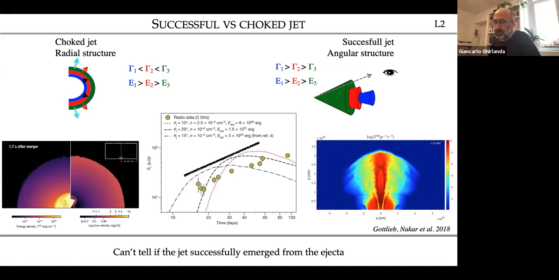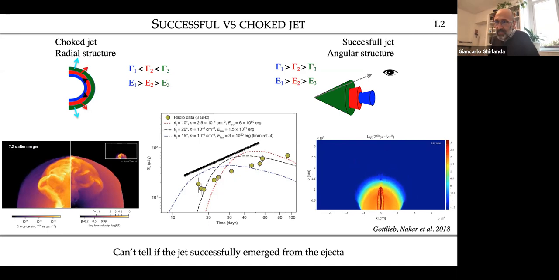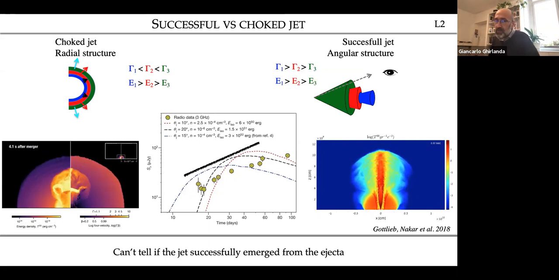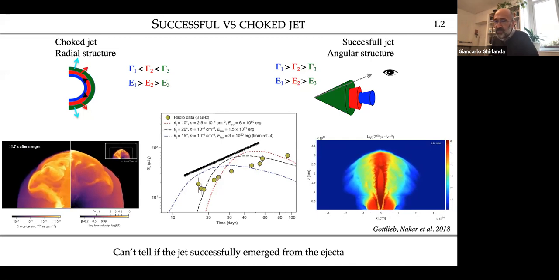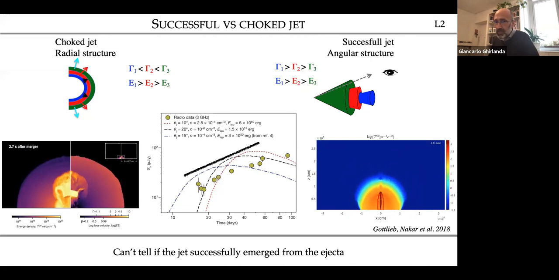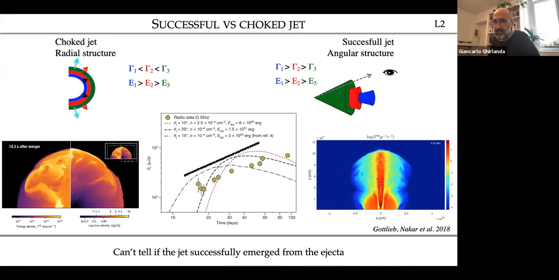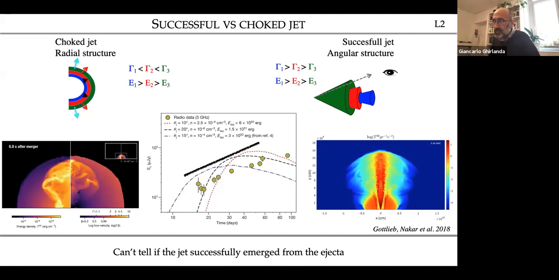Because maybe at the very beginning, when most of the jet is expanding at ultra-relativistic speed, it can maintain a kind of independence, but as time goes by, it tends to lose collimation, even the individual nested jets, and there could be mixing even of material of the different regions.